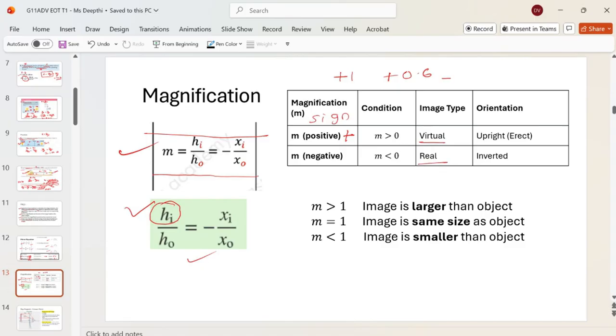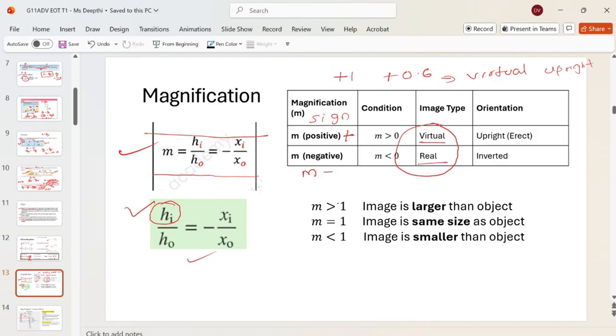If it is positive M, it is a virtual image. And you know, a virtual image will always be upright, isn't it? It's standing up. So virtual and upright will be the image if it's positive, but if the answer you get for M is negative, it's a real and inverted image. Okay, so the sign of the magnification will tell you if it is a virtual or real image.